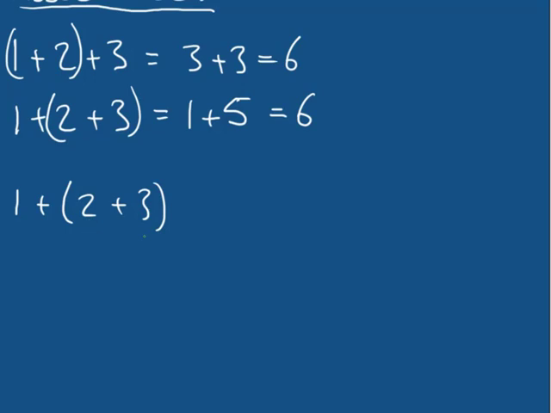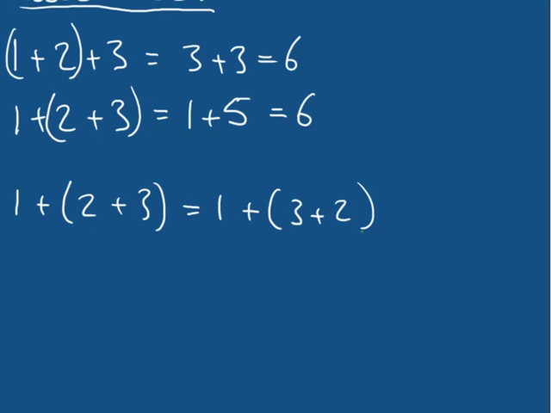And we've seen with the commutative law that if we had 2 plus 3, in addition, we could switch those values around and get the same result. So 1 plus (3 plus 2) is the same as 1 plus (2 plus 3).